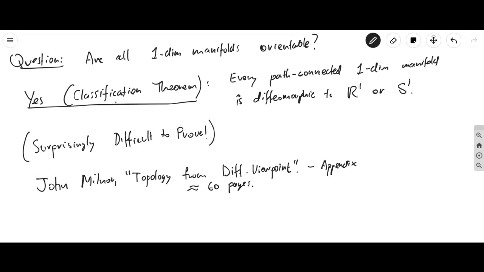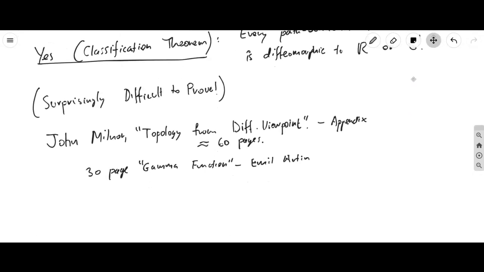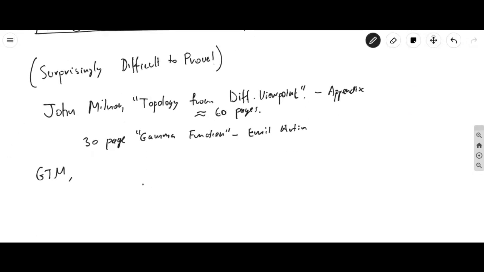If you're wondering if there's a math book that's 30 pages, yes. There's a 30-page book called the Gamma Function, written by a very famous mathematician, Emil Artin. I think that's the shortest math book that I happen to know. There are some other very short math books. If you're talking about graduate texts in mathematics, I think there's a book that's around 70 pages.